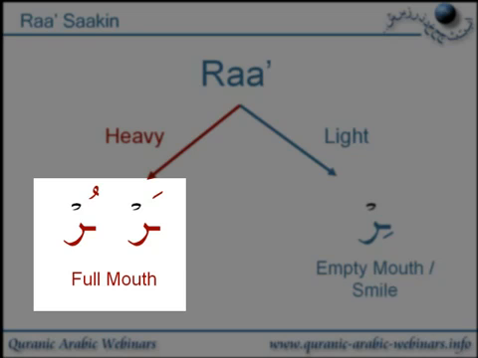For the first one, fatha before the Ra sakin, you do not say it thin, you have to say it full. What actually happens is the back of your tongue lifts up. So ar. And the same with the dhamma before the Ra sakin, so that would be ur.